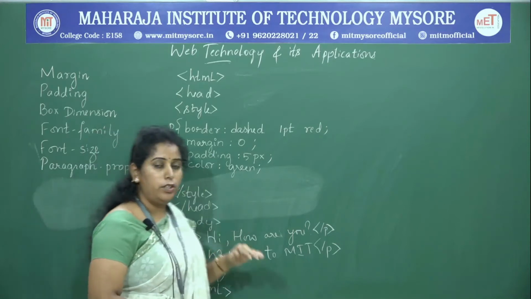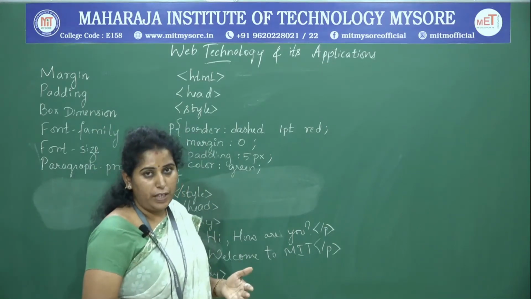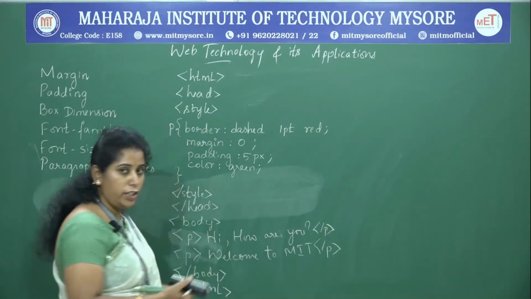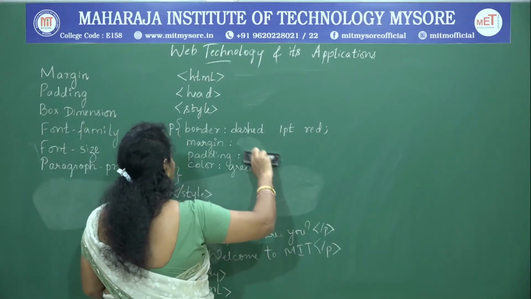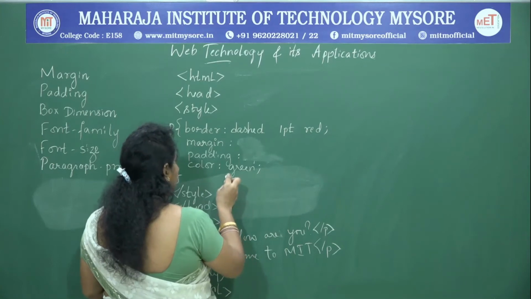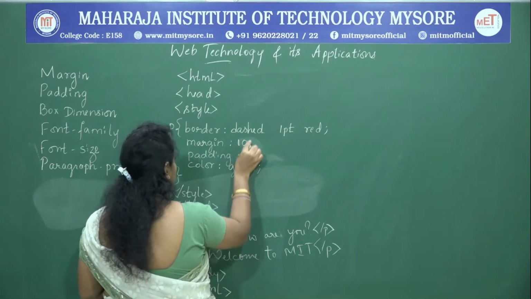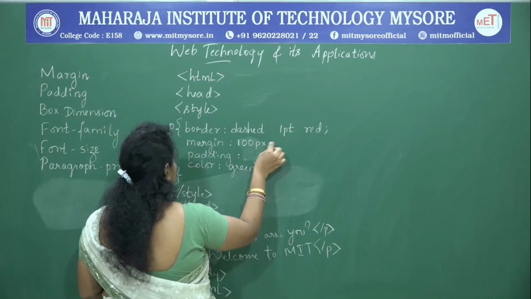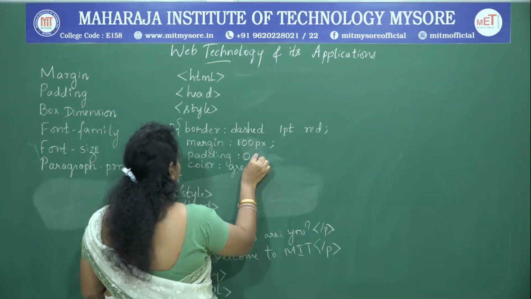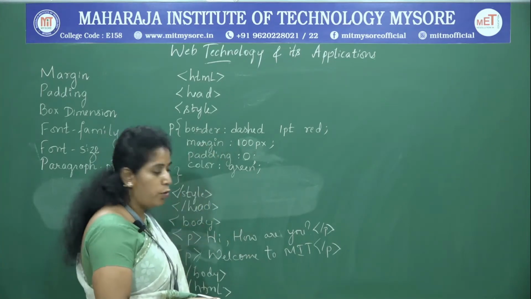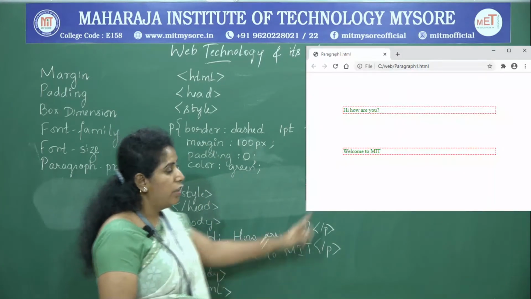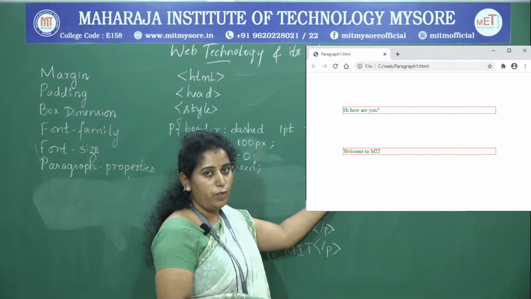Now, in order to make it more understandable, I am going to change the values. I will give margin as 100 pixel, then padding as 0. The same program I will run once again. Now you observe the output carefully.